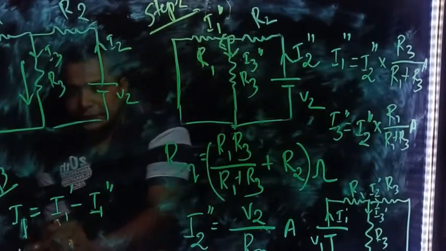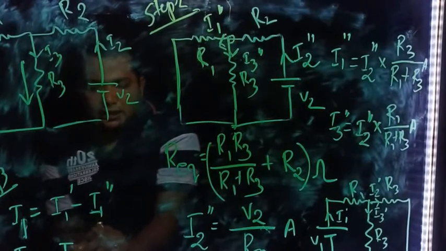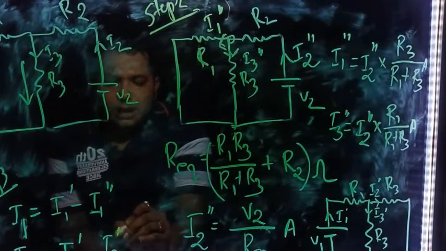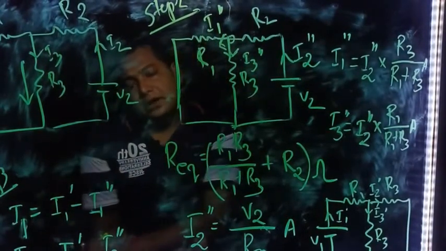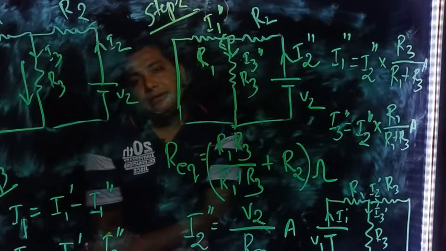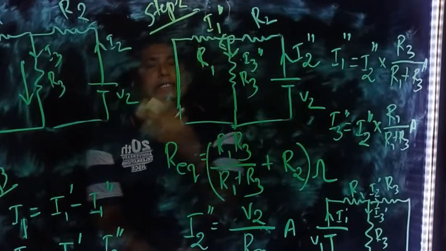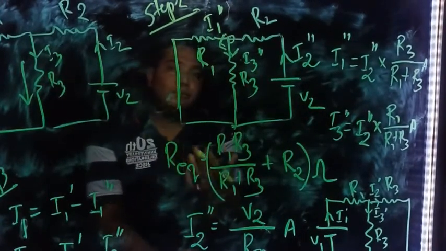Like this way, we are considering I2. Obviously I2 is a summation of I2 bar and I2 double bar. The other point is whether it will be additive or subtractive. Okay, so now again we have to check the direction, in the step 1 circuit and the step 2 circuit. In step 1 we have I2 bar, and in step 2 we have I2 double bar.